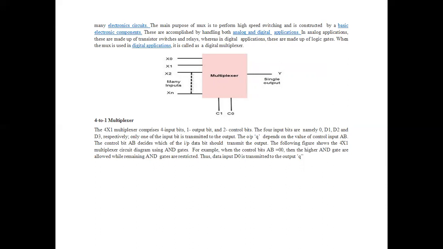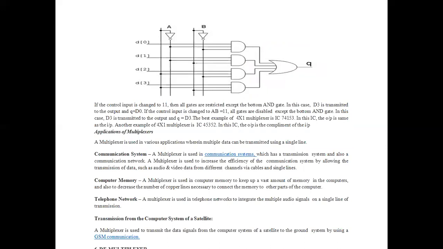Here we are going to use a 4 to 1 multiplexer. That means 4 inputs, only one output is taken from the circuit. So this is the logic diagram for the multiplexer. The applications of the multiplexer are communication systems, computer memory, telephone networks, and transmission from the computer system of a satellite.